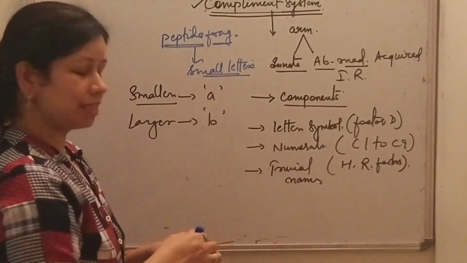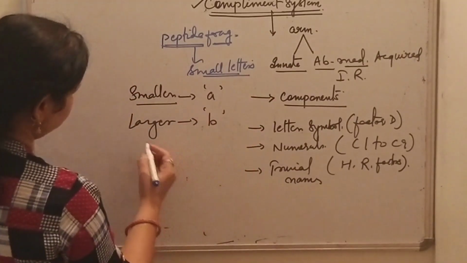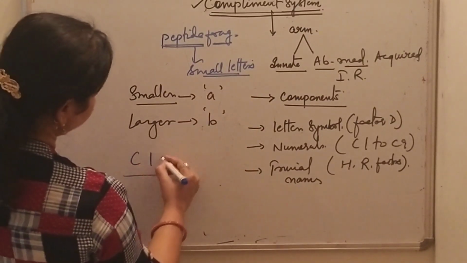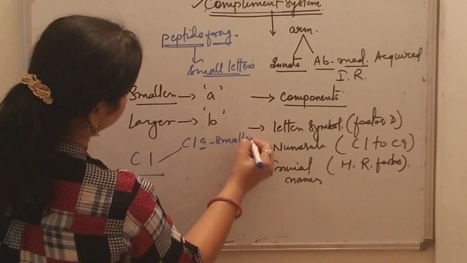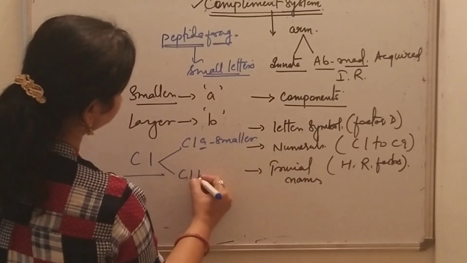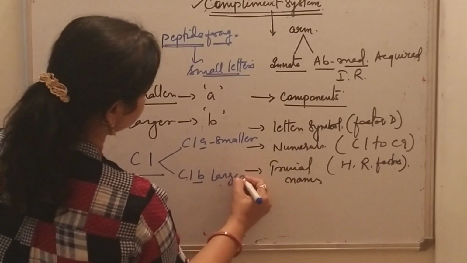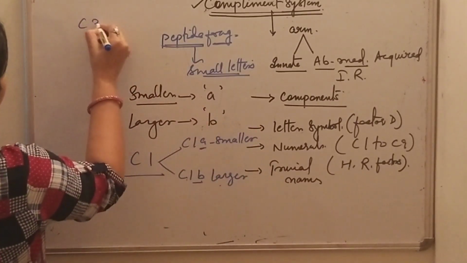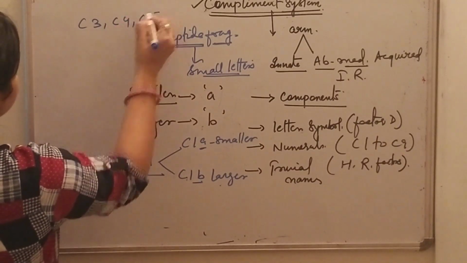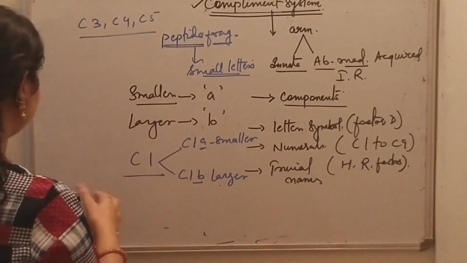I am giving a simple example with C1. In case of C1, C1a is the smaller fragment and C1b is the larger fragment, and this is the same in C3, C4, C5, but C2 is an exception.